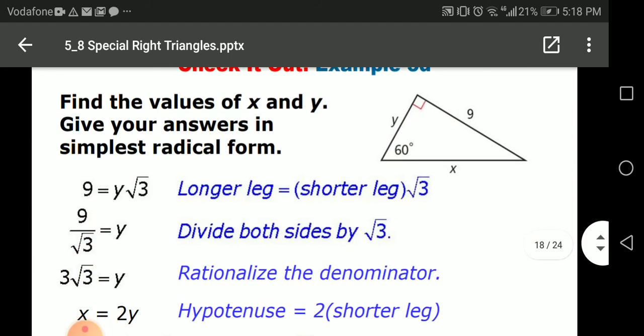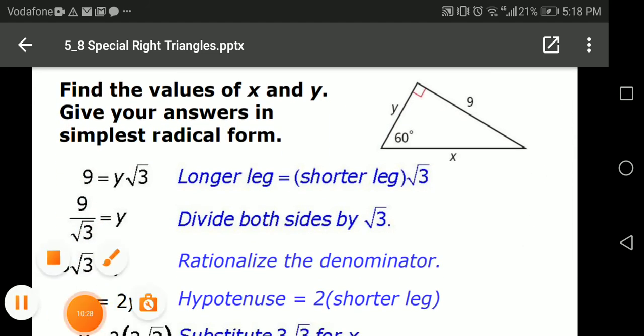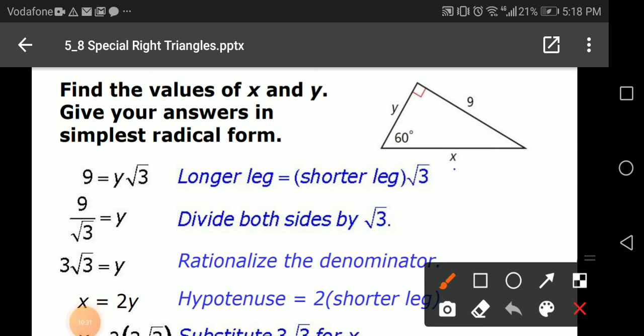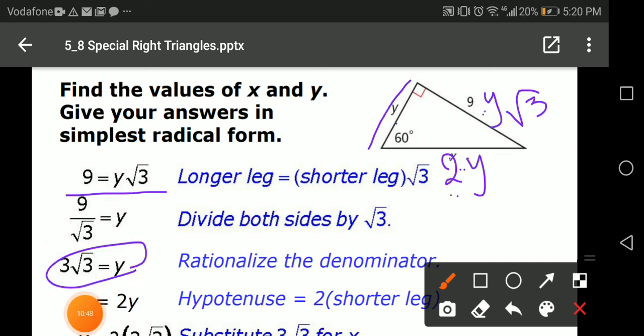Can we see another example to make sure we understood it? Okay, here I have this is x, and I have here what? As you see, this is 60 degree first, and this is 90 degree, so the remaining is 30 degree, right? Then, guys, I have here y, we search for the value of the leg, which is alone here.